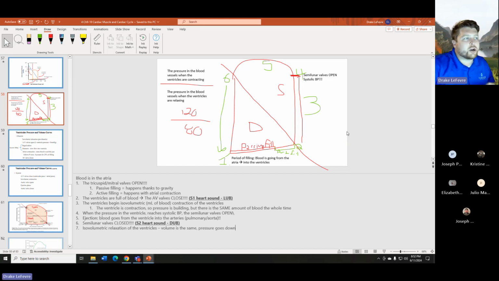When we hear certain sounds, certain things that are not normal, we can tell when those things are happening, in what stage they're happening, and from there determine where the problem is.